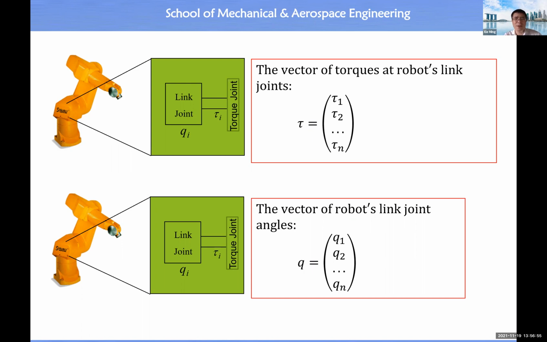Okay, for example, for a robotic arm, we can put all the torques of the motors or link joints together to form this torque vector. Assume we have n joints, then we put tau 1, tau 2, tau n together to form this vector. Then for each joint, we may have an angular position or linear position.